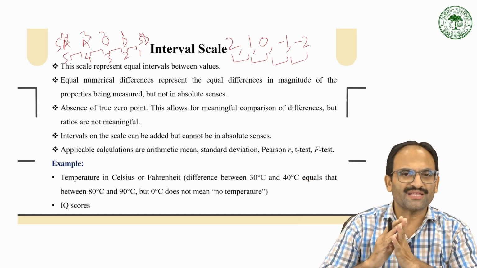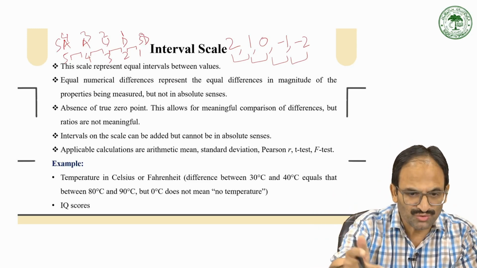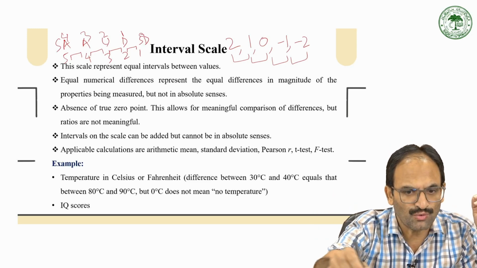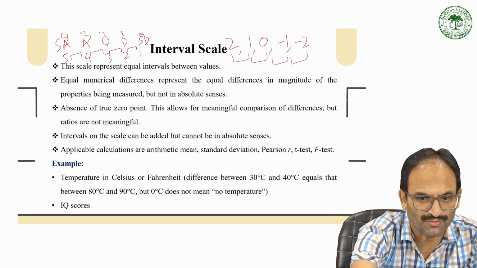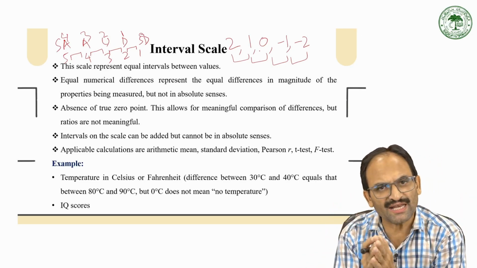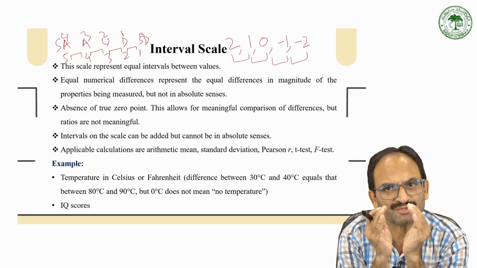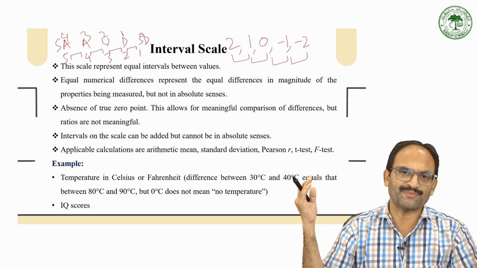But there is no absolute zero, and through these examples you can see how our zero is shifting. In this case zero was here, but in this case zero was here. So in interval scale, the successive differences between two intervals are the same, but we don't have an absolute zero.